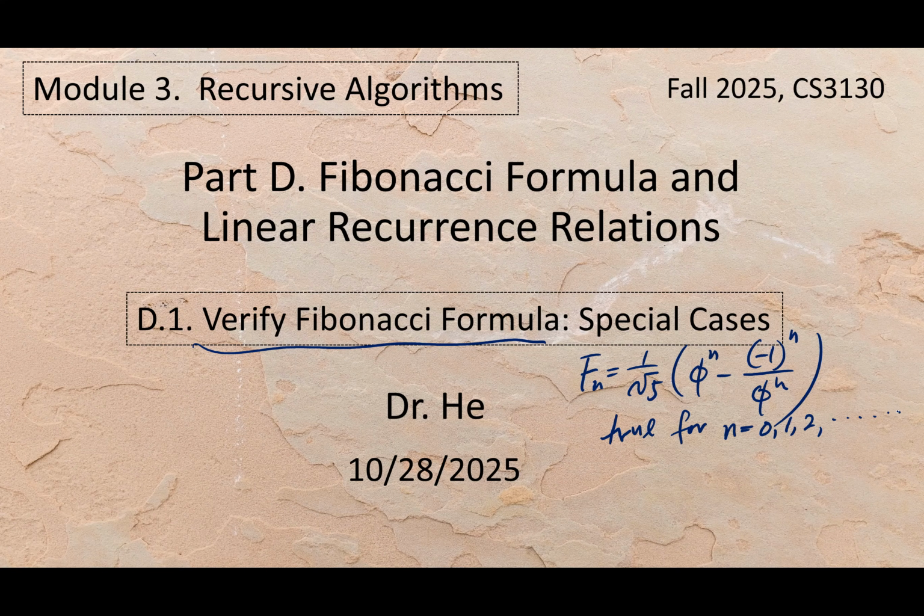Infinitely many cases. The question is, how do you verify a formula for infinitely many cases? Nobody can exhaust infinitely many cases one by one, right? How can you exhaust infinitely many cases at once?